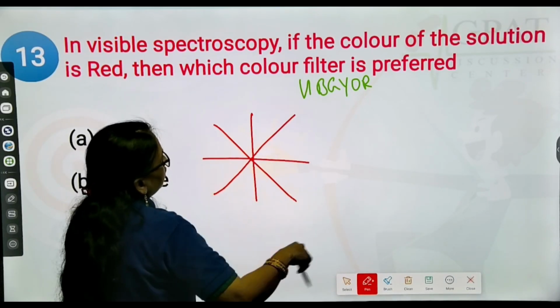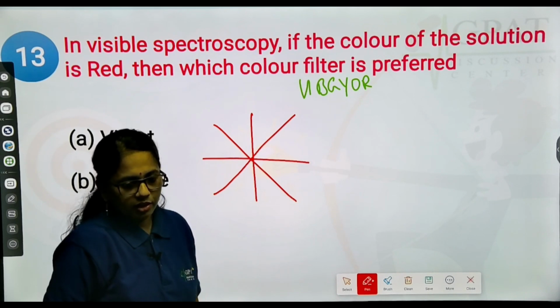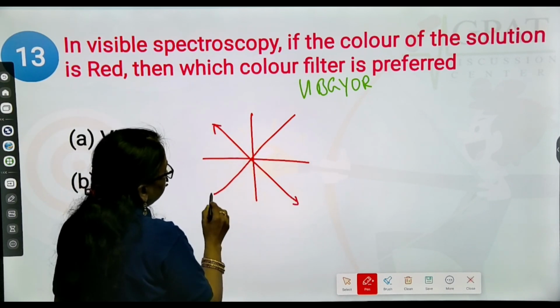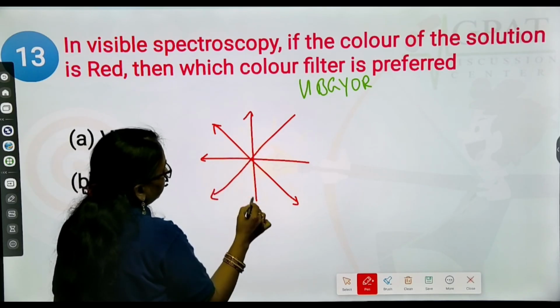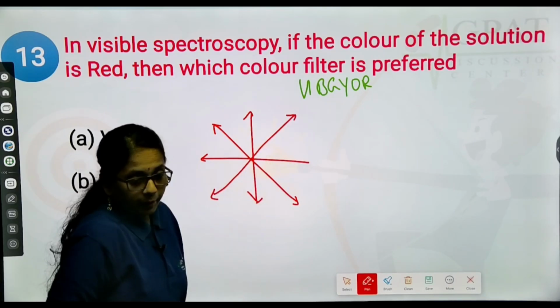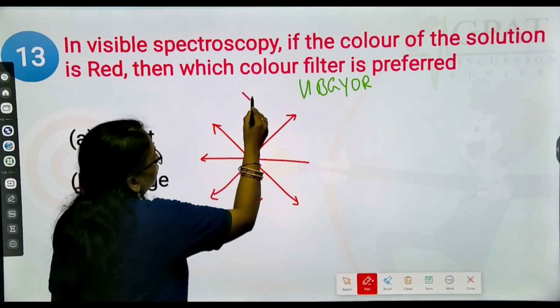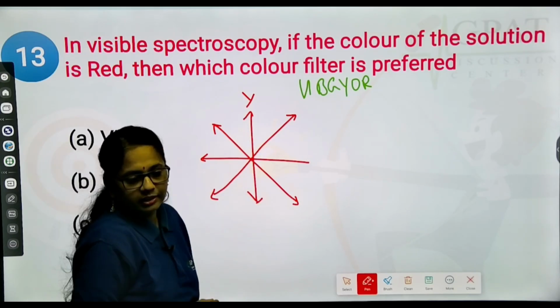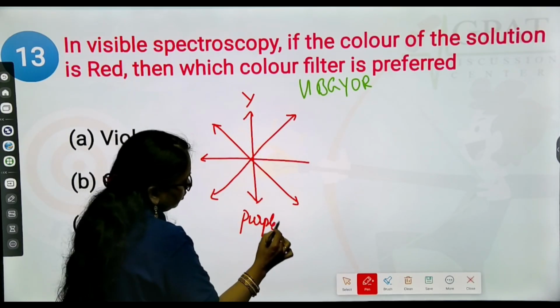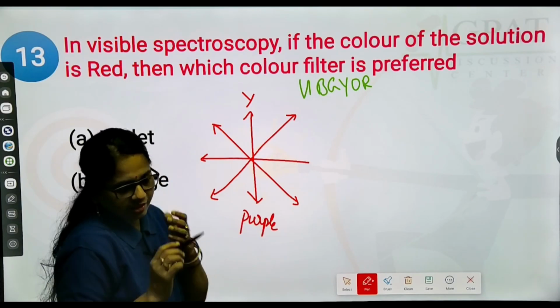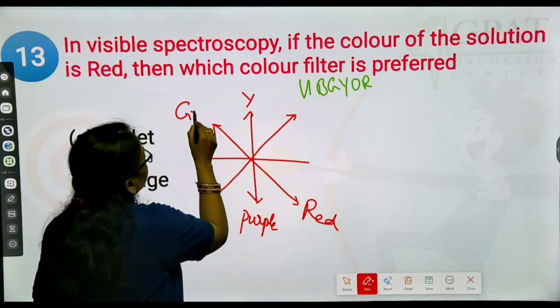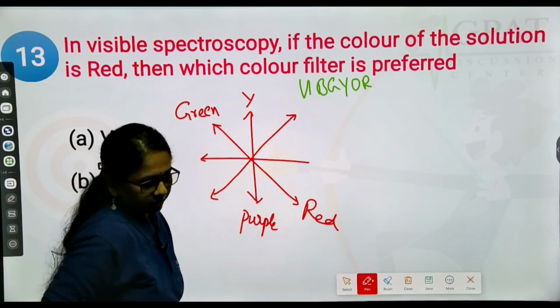In this, the primary color will be different and the complementary color will be different. If the primary color is yellow, the complementary color is purple. If the primary color is red, then you see green as the complementary color, and vice versa.